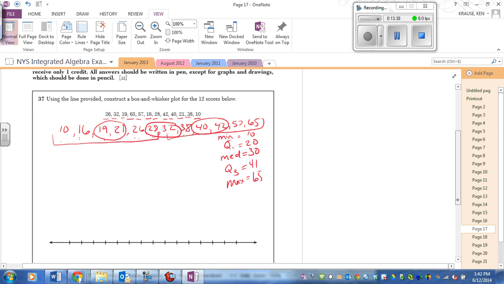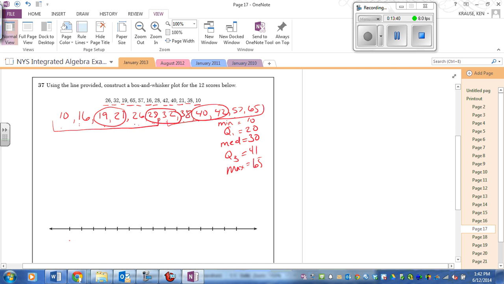So now, if I got those right, draw the number line: 0, 10, 20, 30, 40, 50, 60, 70.